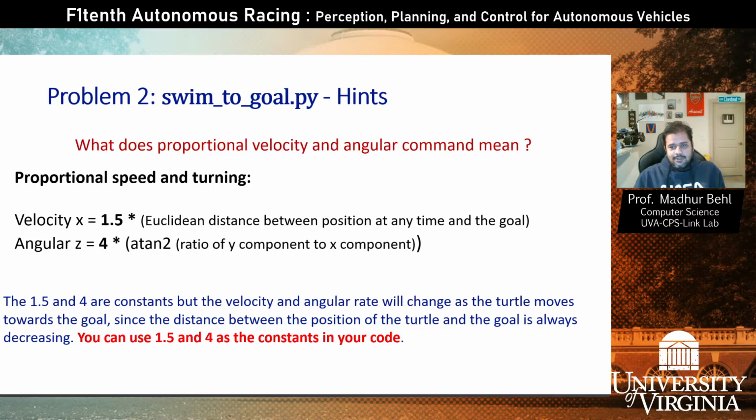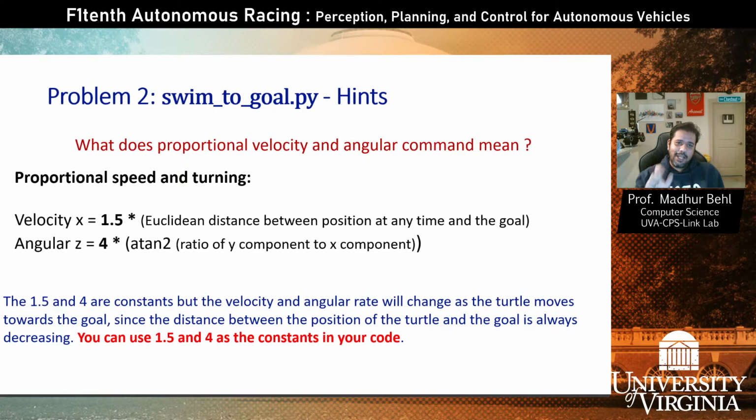So we know that the goal is already known to us because it was given by the user, but you have to subscribe to the position or the pose of the turtle, compute the Euclidean distance between where the turtle is and the goal, use that value and use some multiplier. In this case, I'm using 1.5, and that becomes the linear velocity.